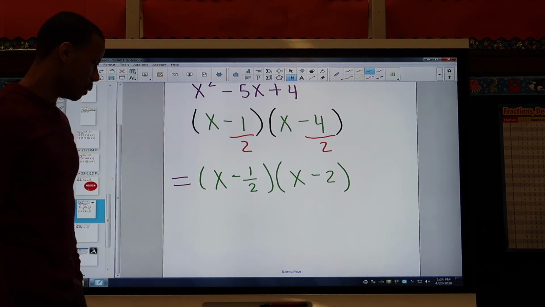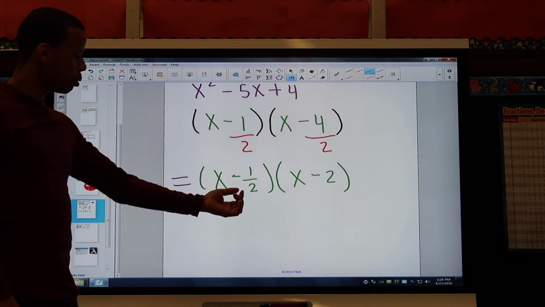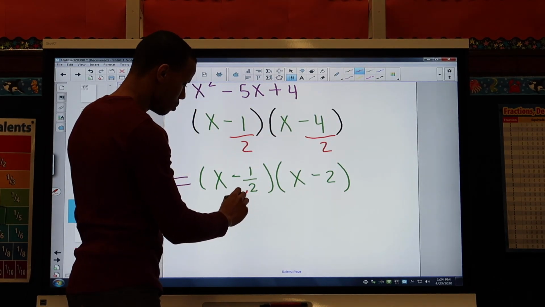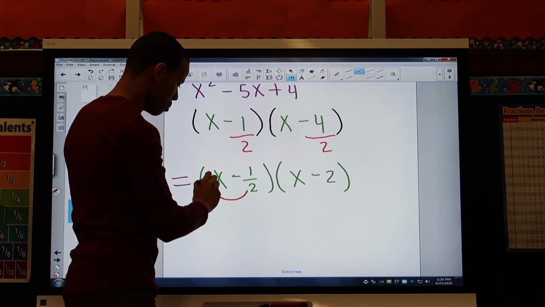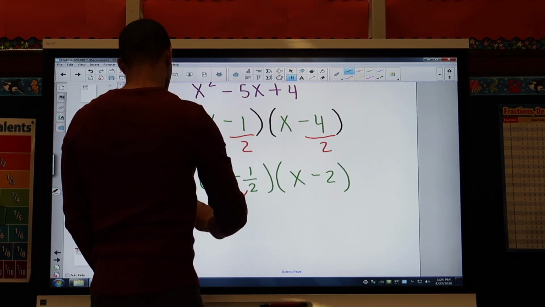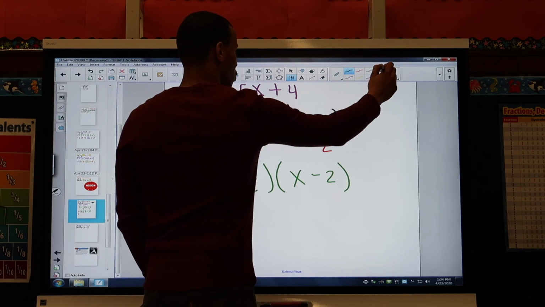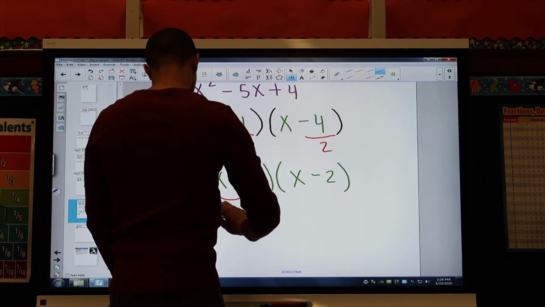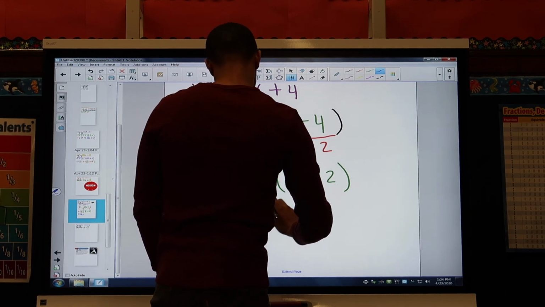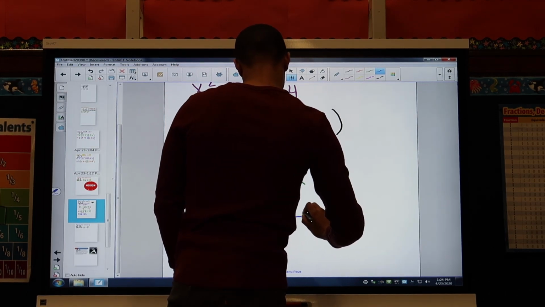I'm going to play around with this one a little bit. This one, I'm going to multiply by 2. I'm going to move this 2 up front. So then again, I will get that this will be equal to 2x minus 1 times x minus 2.